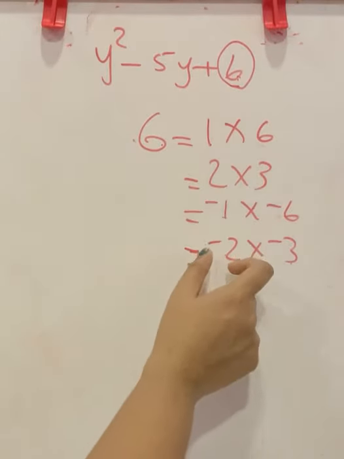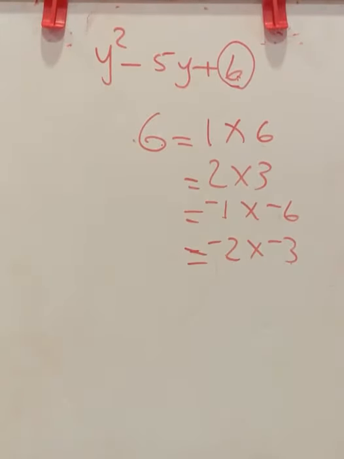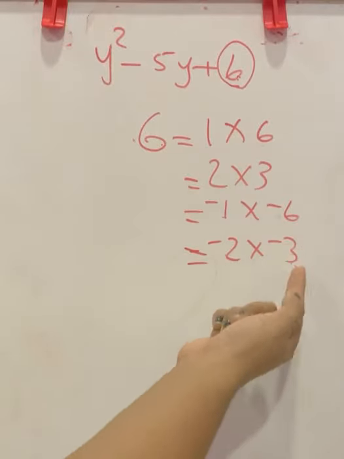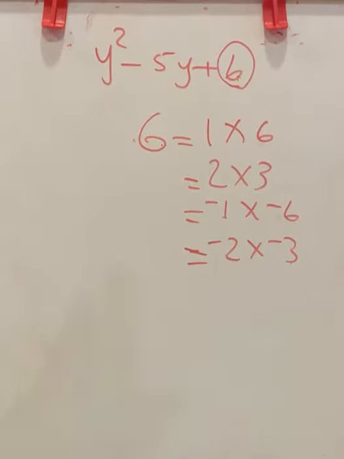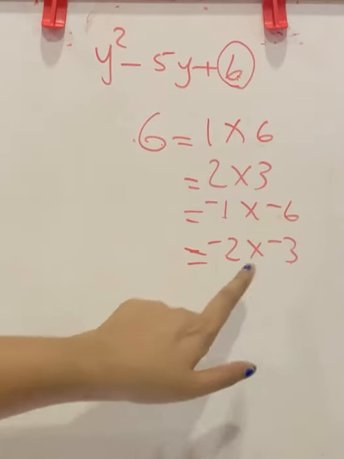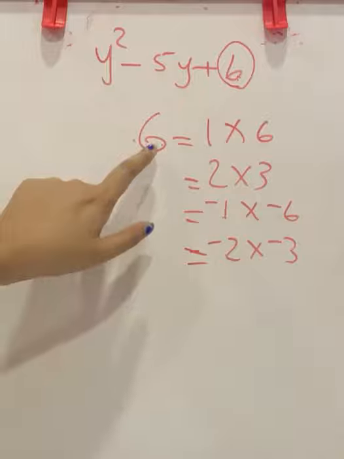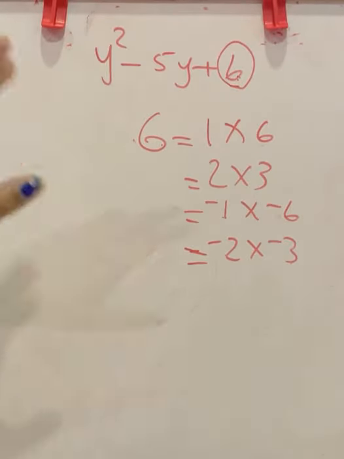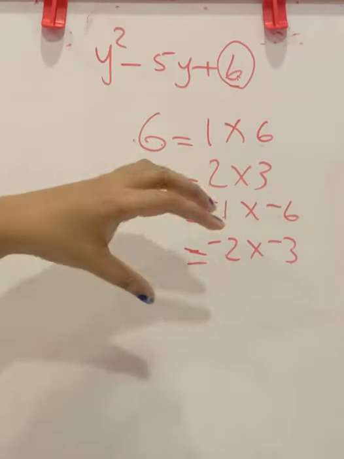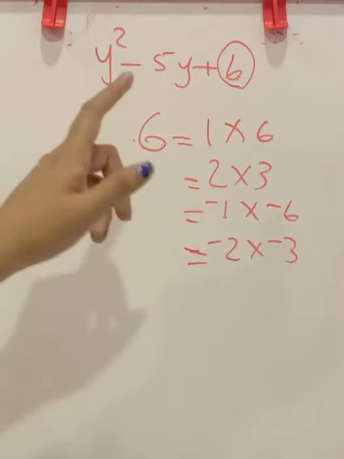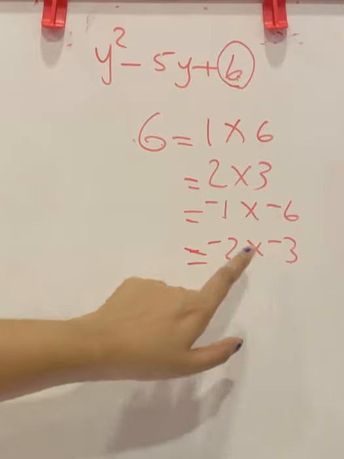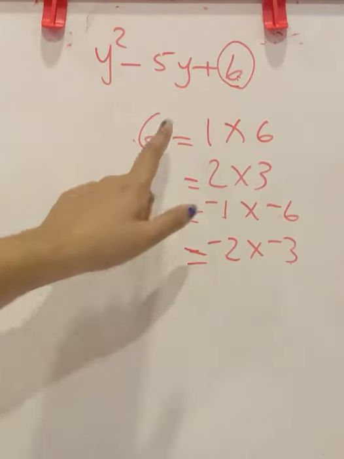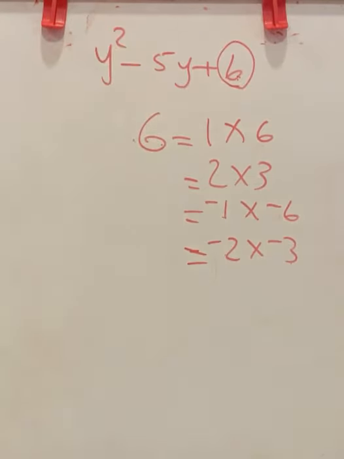Now, if we get negative 2 as a factor, then it is sure that minus 3 is also a factor of 6, because minus 2 into minus 3 are the factors of 6. We know their combination results in the product 6. So we want to keep in mind that if one number is proved to be a factor of a number, then the other number paired with that factor will also be a factor of the given number. We can do problems, then you will get more idea.